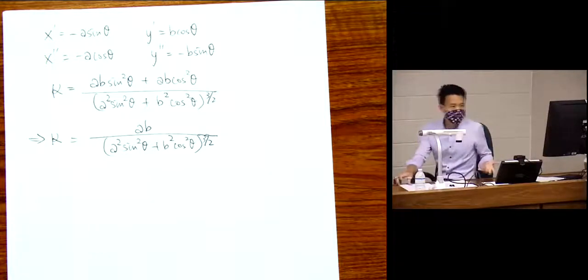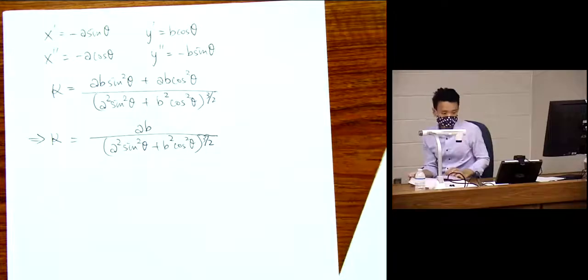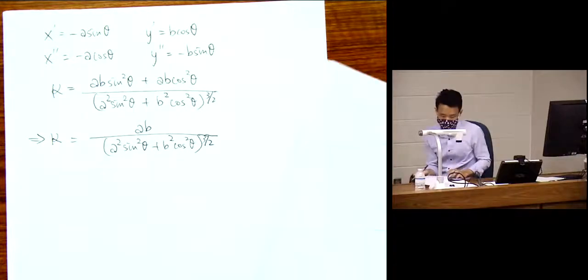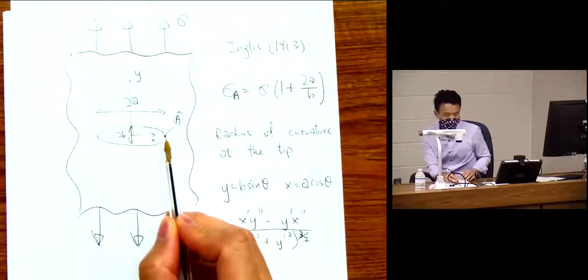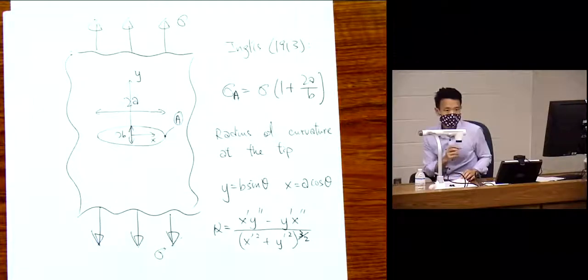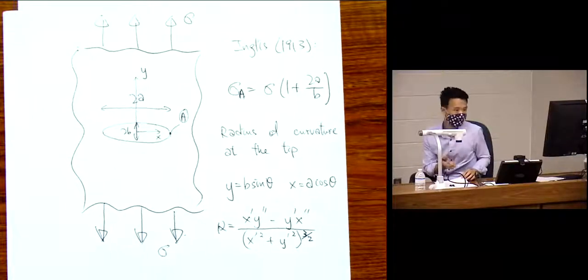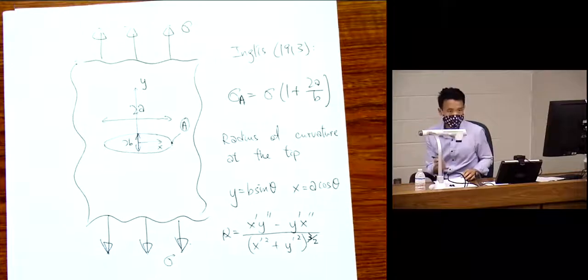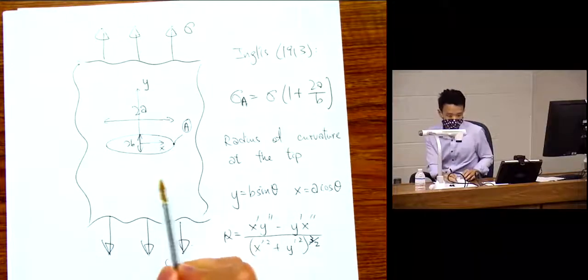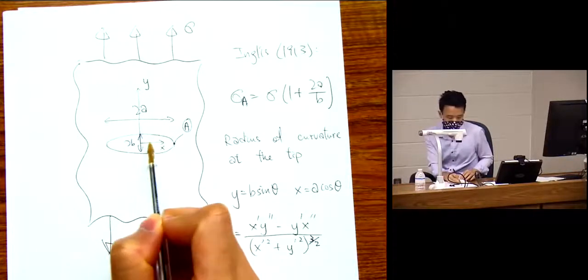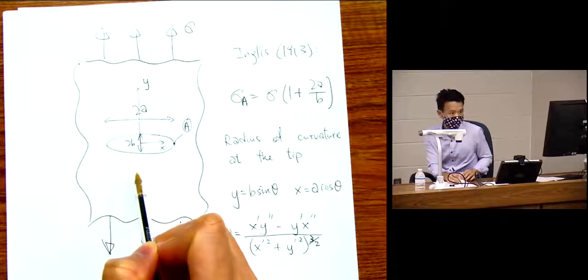Now, but what we are interested in is at the tip, right? Exactly, we are interested in the curvature at this tip, right? So at this tip, theta is 0, yes? Theta goes from here, 0, and goes counterclockwise, right, in polar coordinates.